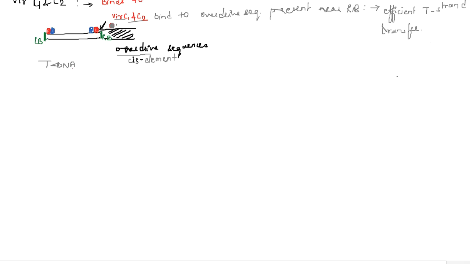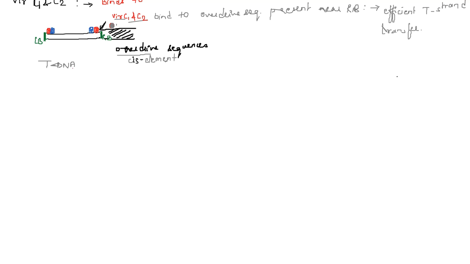Next we come to another Vir gene. So this T-DNA segment has been formed. Now this T-DNA needs to be transferred to the host cell, that is the plant cell. How will it be transferred? It will be transferred via a secretion system, a membrane spanning complex.